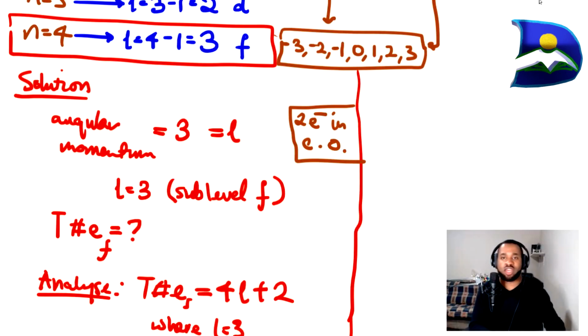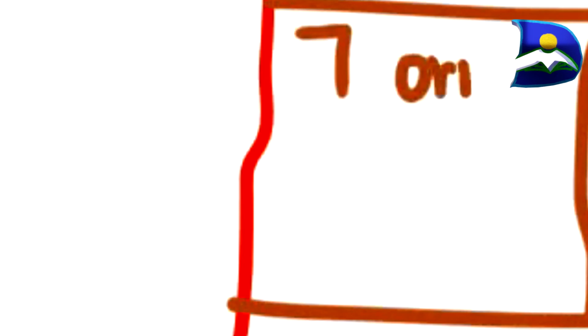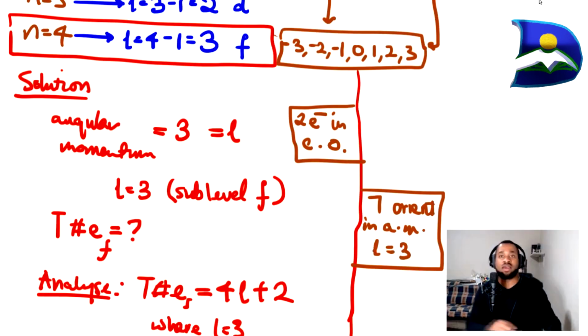And the next one that we need to consider is that we do have, in this case, 7 orientations in the angular momentum, which in this case is where L equals 3.